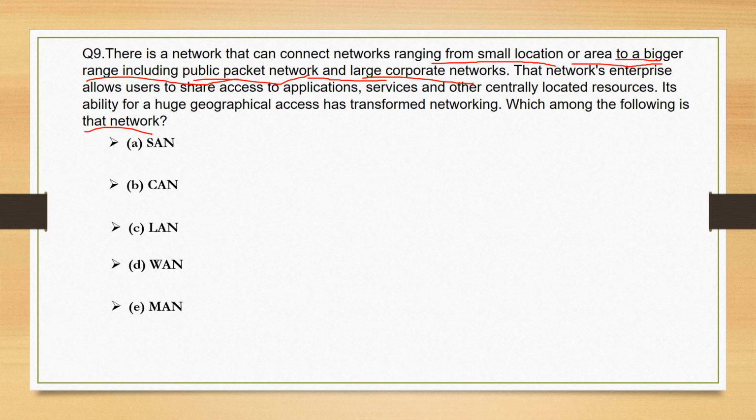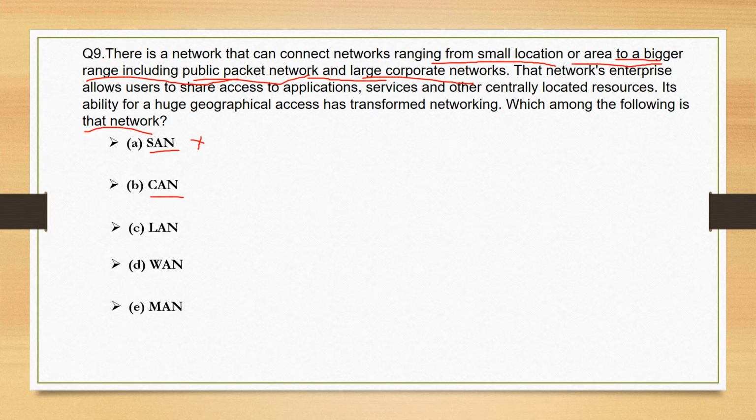So in all these terms, let's see what is the full form of these terms. Basically SAN means storage area network. This is a networking technology used to do storage. So this is not going to be the correct answer. What is CAN? CAN is the controller area network.